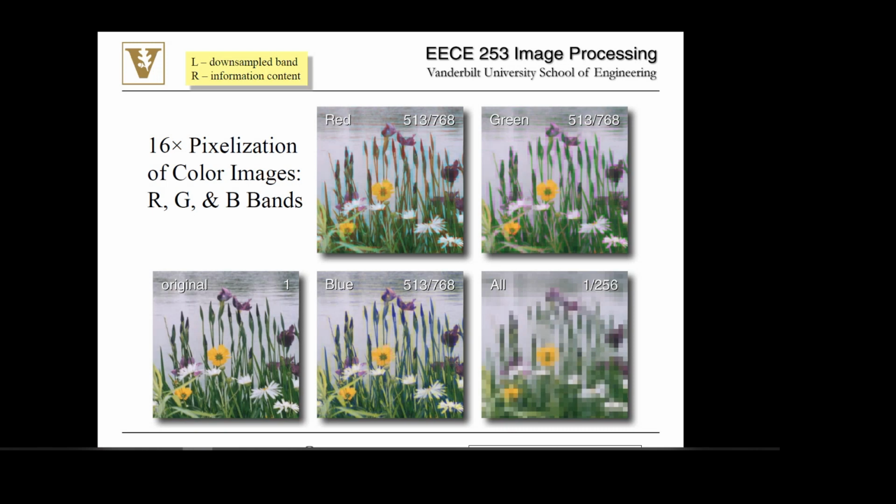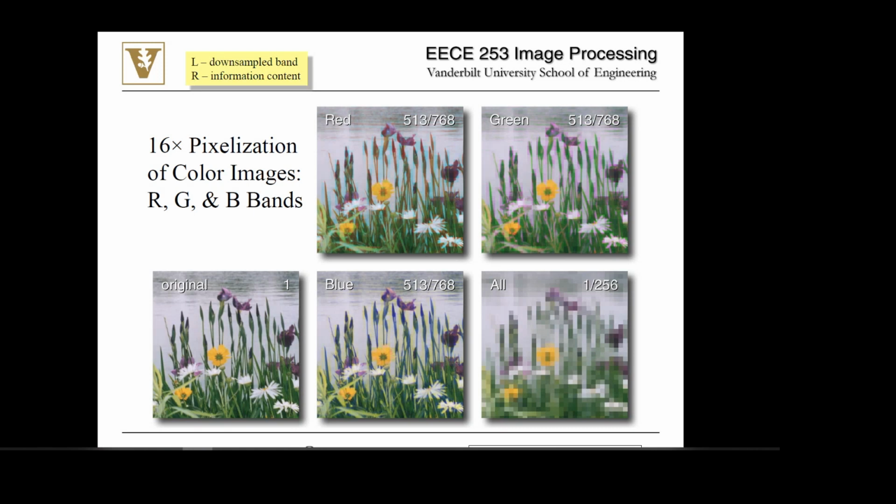And yes, we see differences. It is not like the original, but this image is not so bad. This image is not so bad. This is terrible. So that means that we are not so sensitive to red and blue. So we have many more green cones than red and blue cones.